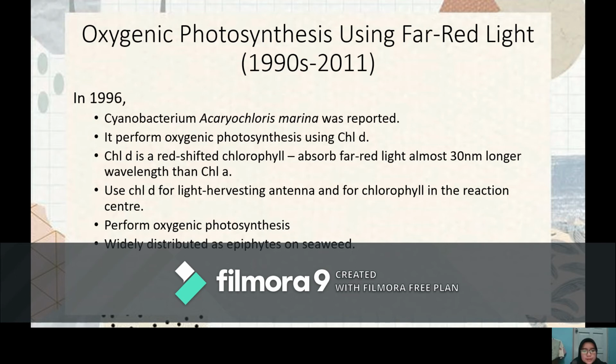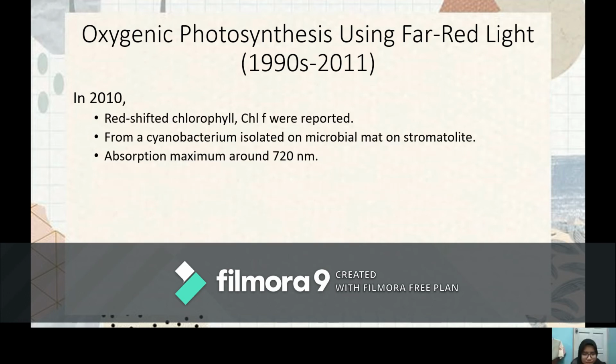Chlorophyll d is a red-shifted chlorophyll. It absorbs far red light with almost 30 nanometers longer wavelength than chlorophyll a. They use chlorophyll d for the light harvesting antenna and for the chlorophyll in the reaction center. These cyanobacteria perform oxygenic photosynthesis and are widely distributed as epiphytes on seaweed.